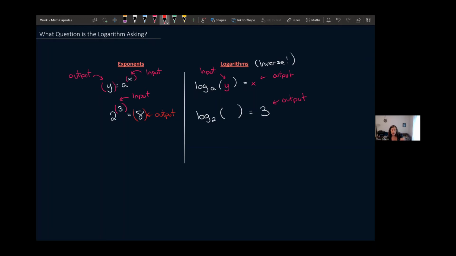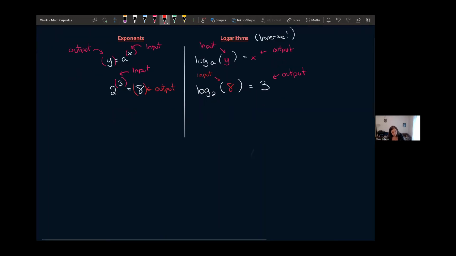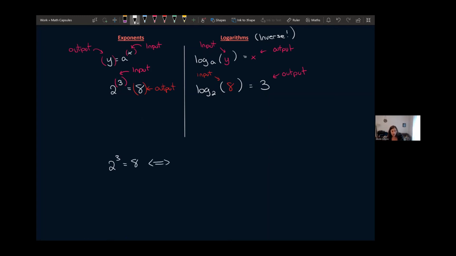That's going to become the input for my logarithm. So the logarithm does the opposite compared to the exponential. These two equations are actually equivalent to each other. So saying 2 to the power of 3 is equal to 8 is equivalent to saying log base 2 of 8 is equal to 3.